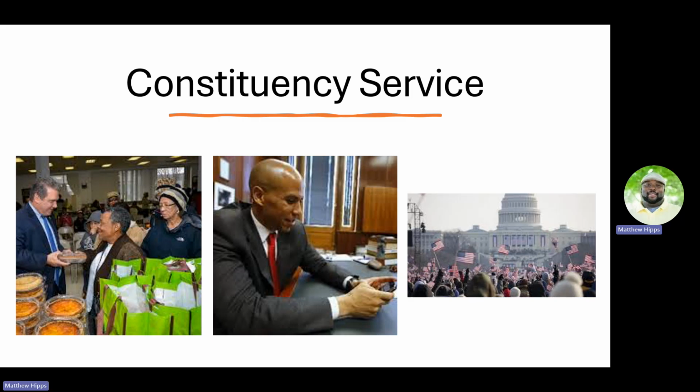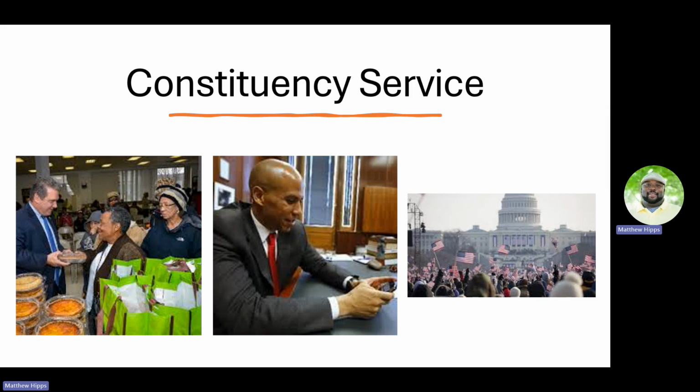There are academy nominations. If you are going to go to a service academy, you have to get a nomination from a congressperson. And finally, they often provide recognition or congratulations for significant achievements. So they show up at graduations, they show up at Eagle Scout ceremonies.